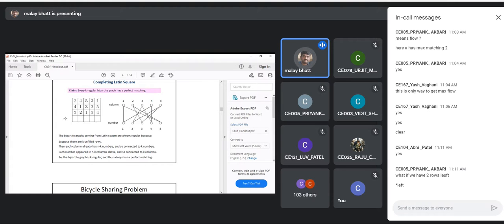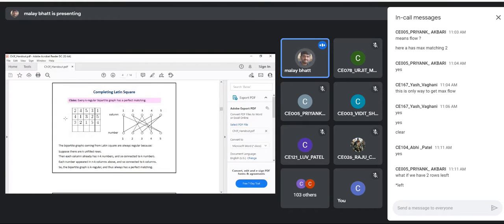Is it clear why it is a k-regular bipartite graph? Because we have a total of 5 numbers here, since it is 5 cross 5. Already we have filled n minus k numbers, so the remaining numbers will be k. Each column has n minus k numbers filled, so it is connected to how many numbers? k numbers. Every column will be connected to k numbers based on the row.